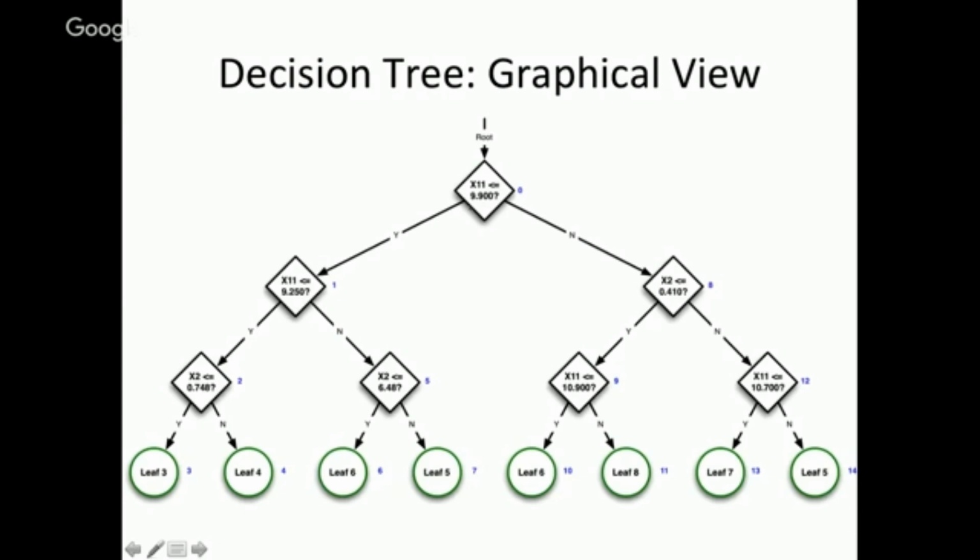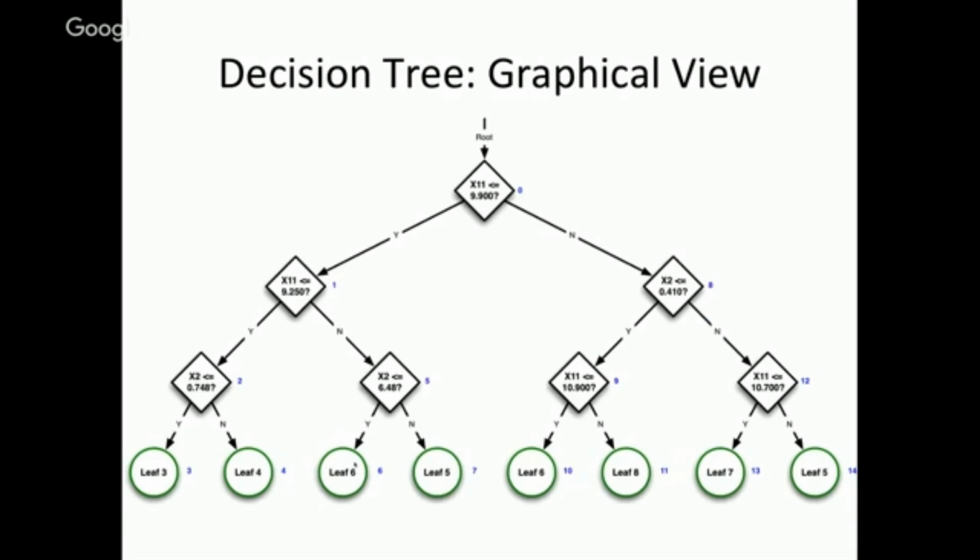If it is, yes, we go down this left edge and we come to another question about that same factor, x11. And if it's less than or equal to 9.25, we go to the left. If it's not, we go down to the right. And here we see a new factor that we're asking questions about, x2. If it's less than or equal to 6.48, boom, we go down here. We arrive at a leaf, and the value is 6.